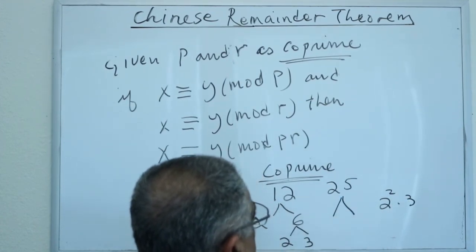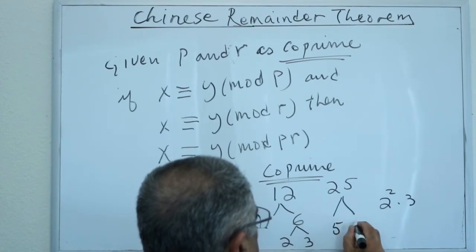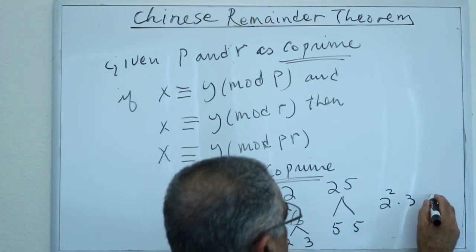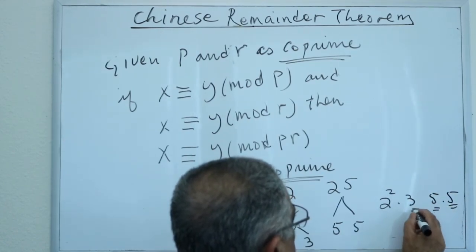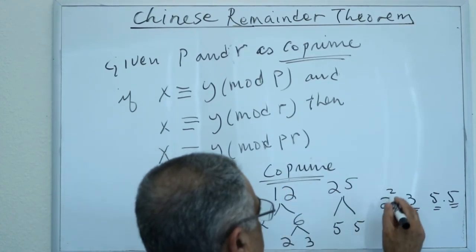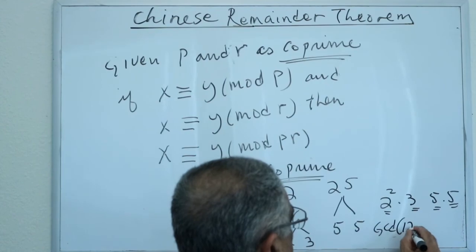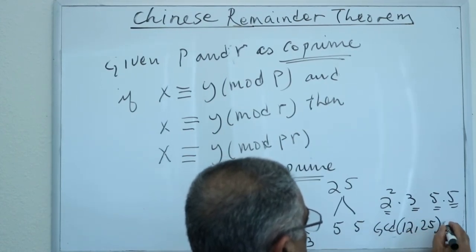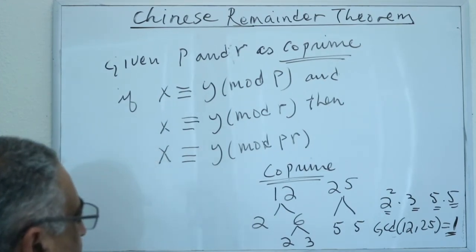Now, how about the factors of 25? The factors are 5 and 5. So there are no common factors, and that's why these are co-prime. If I take the GCD of 12 and 25, I end up with 1. Therefore, they are co-prime.